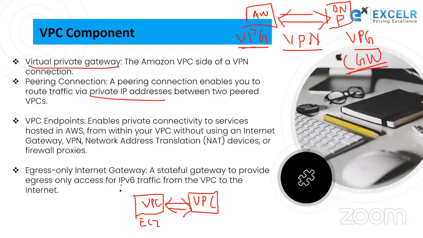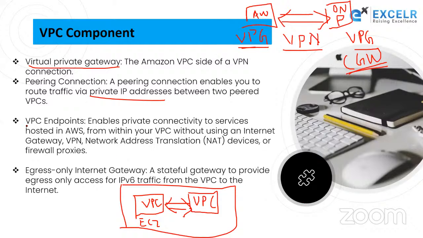This traffic is not going to leave your AWS environment. So that is the peering connection for you. You need to set up a peering connection, and this is free of cost.